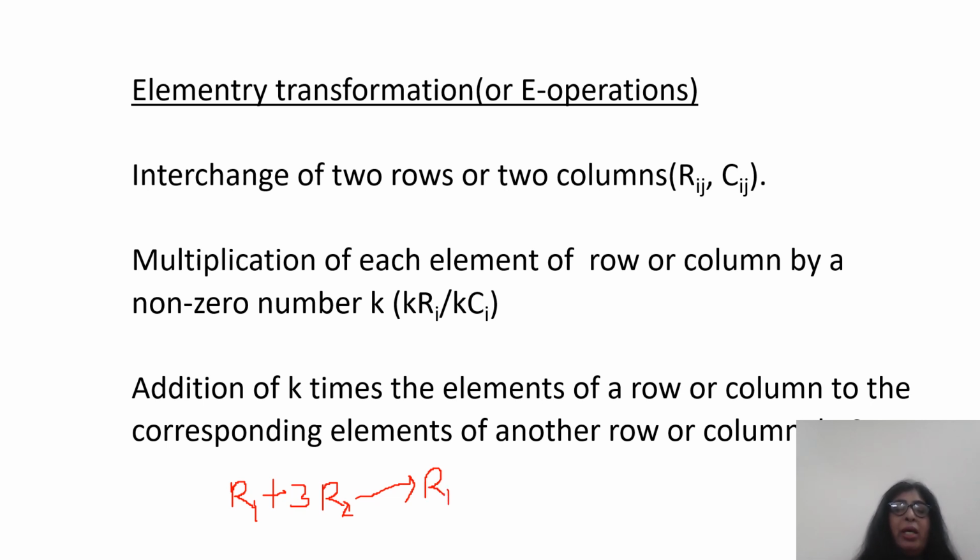It means I am multiplying each entry of R2 with 3, and whatever elements I get are added to R1, and this whole operation is applied on R1. So these are the three elementary transformations which we will use while finding the rank of the matrix.